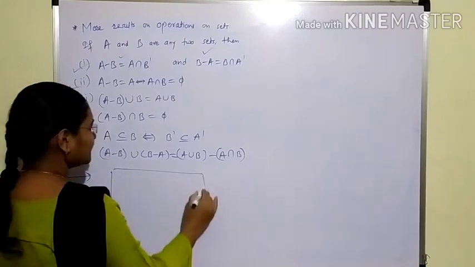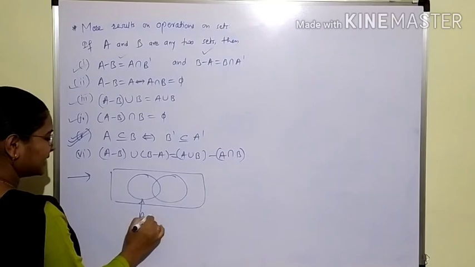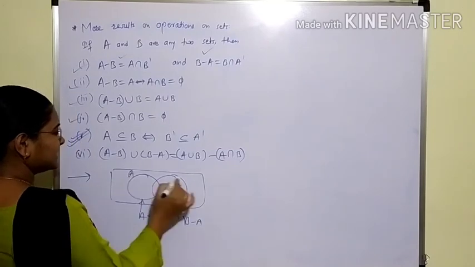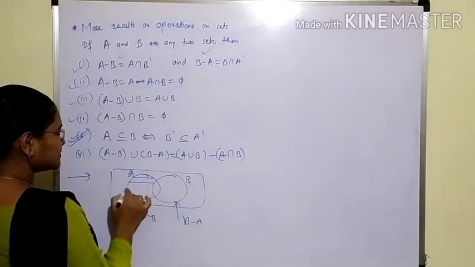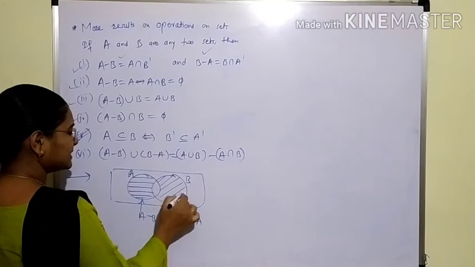See here also, this is set A, this is set B, this is A minus B and this is B minus A.